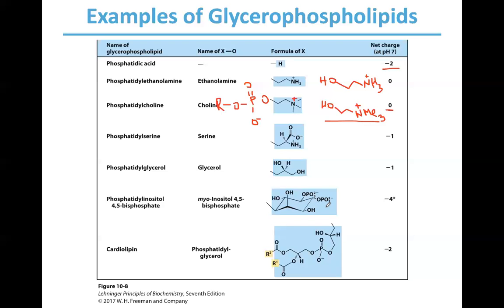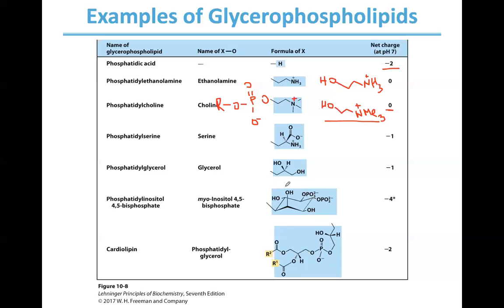Now this one is a very important lipid, particularly in signal transduction, known as phosphatidyl inositol 4,5-bisphosphate. This kind of molecule is very important in signal transduction.